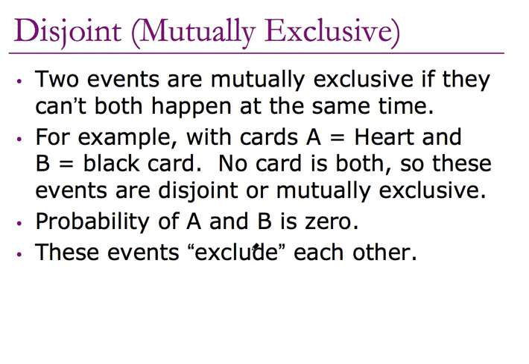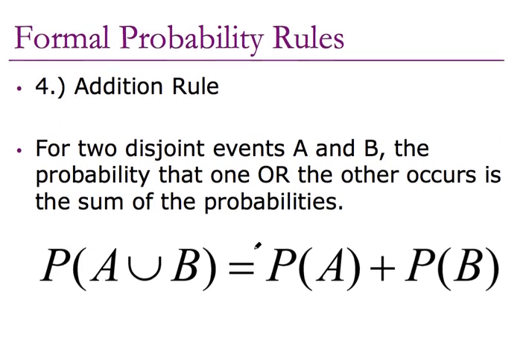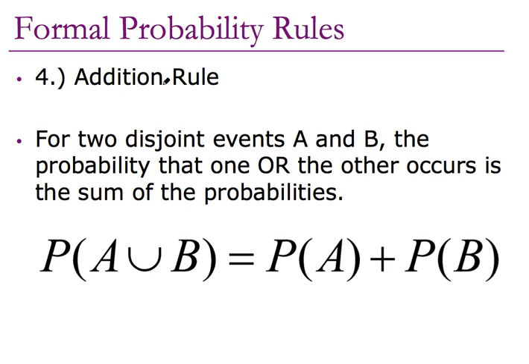Different than independent, where one doesn't affect the outcome of the other, disjoint means that it can't happen at all. So the general addition rule, and we will talk more about this in chapter 15, but for right now, you need to focus on 2 disjoint events. If 2 events are disjoint, this is the notation, and we're looking for one occurring or the other. The important word here is or.